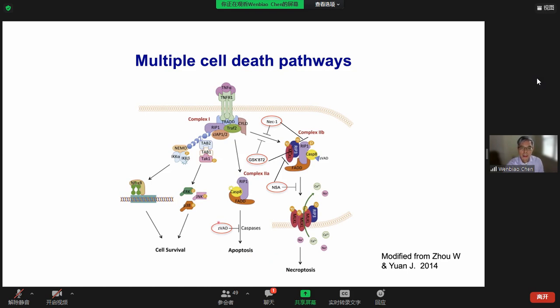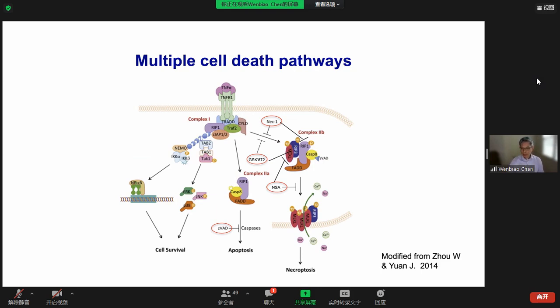Apoptosis can be inhibited by ZVAD, which has been commonly used also in zebrafish. And necroptosis can be inhibited by NEC1, which inhibits RIPK1, GSK, which inhibits RIPK3, and NSA, which inhibits MLKL, the pore that is involved in forming the membrane rupture during necrosis.